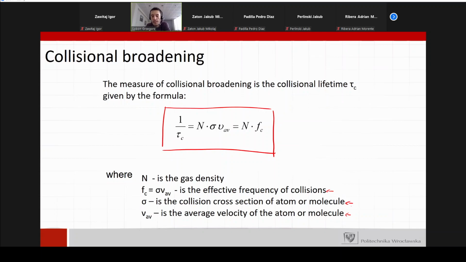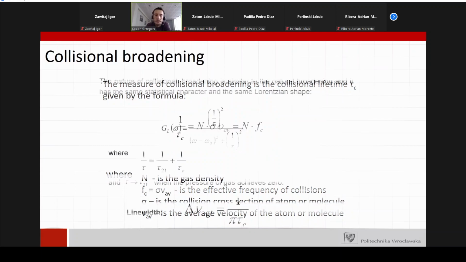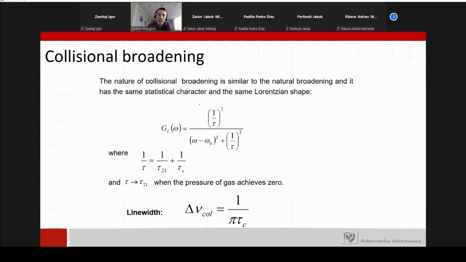These factors contribute to the collisional broadening. And once again, the collisional broadening is described by a Lorentzian shape. So the laser line that is broadened because of the collisions, or pressure broadening, will have a Lorentzian shape.